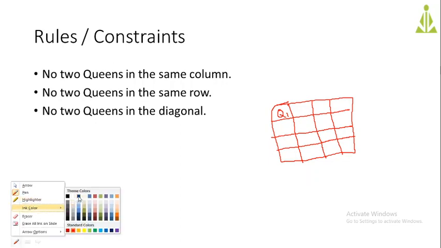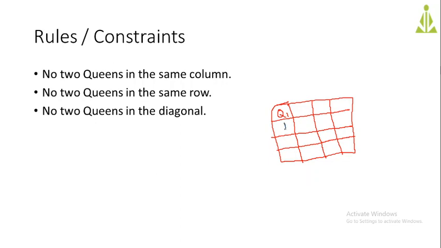I will change the color, then it will be easy for you to understand. In this row I cannot place any of the queens, and I cannot place in the same row of queen 1, as well as the diagonal. These three possibilities are there, and we need to follow this constraint and complete the problem.